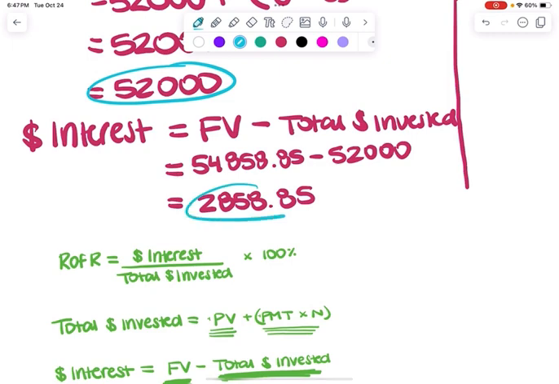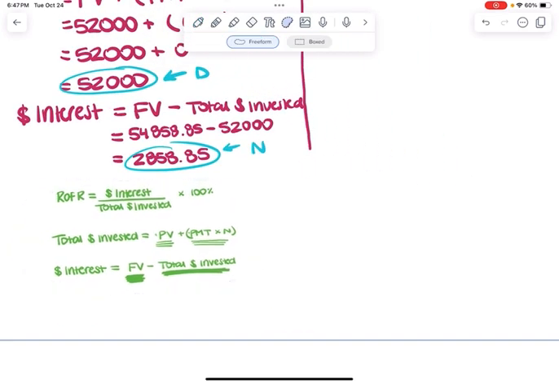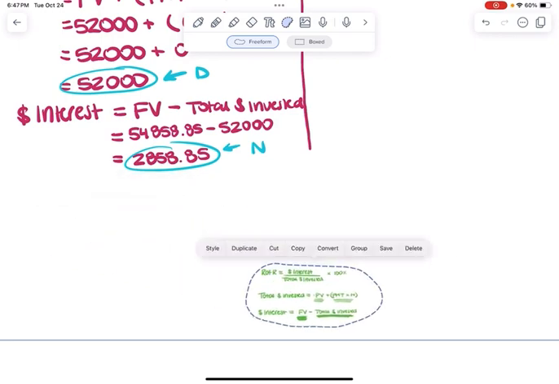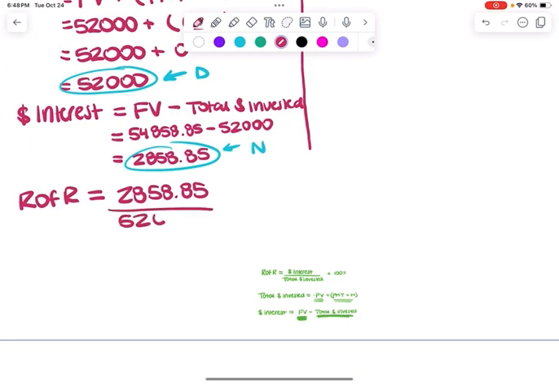All right, so now I have my denominator value and my numerator value all ready to go that I can plug into my rate of return formula. So rate of return is going to be that dollar amount of interest, that 2,858.85, all over that 52,000.